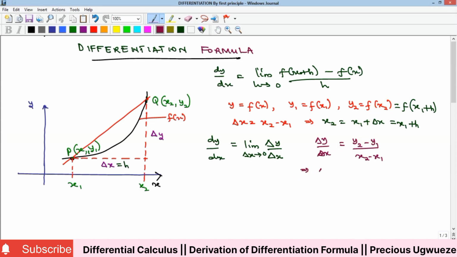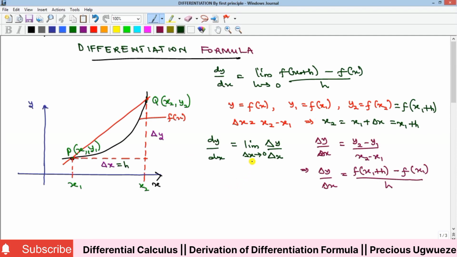This is equal to our y2, which is f of x1 plus h, minus our y1, which is f of x1, all over h, which is change in x.